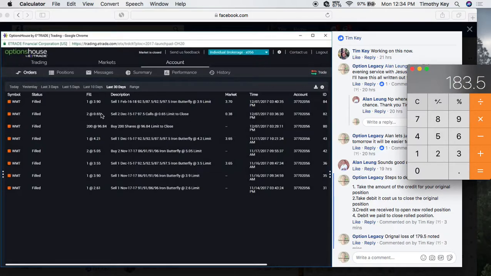And the goal is to open up a new position inside of Walmart, an iron butterfly, with further time, so February monthly with the same strikes, and we wanted to do that for the same price that we closed the rolled position. So we closed this position for 390, so we wanted to open a new position for 390, and what that does is that allows us to buy more time for no additional risk.